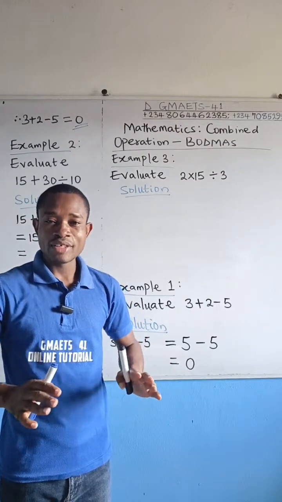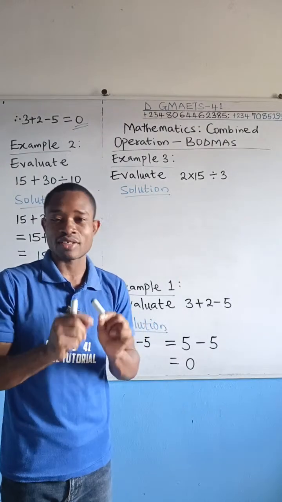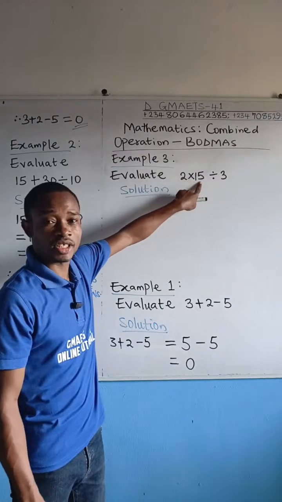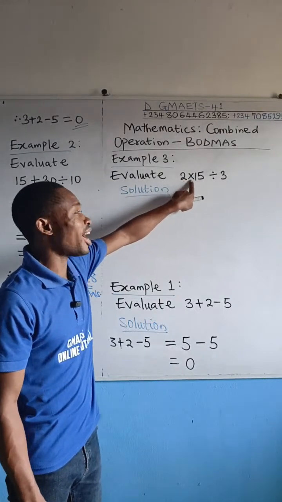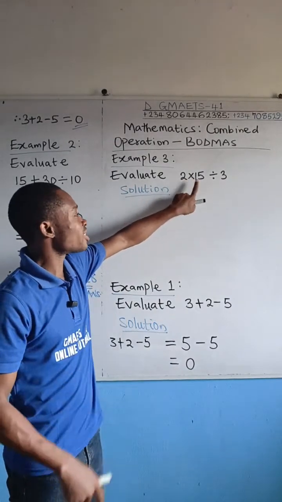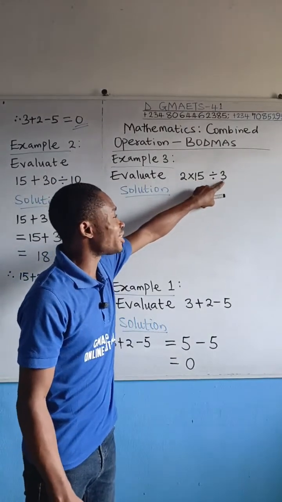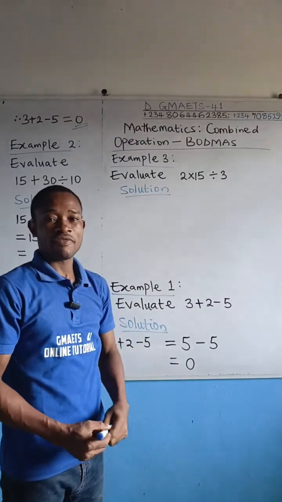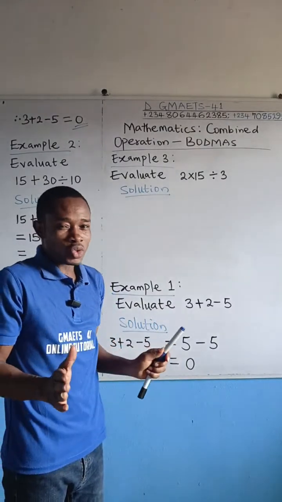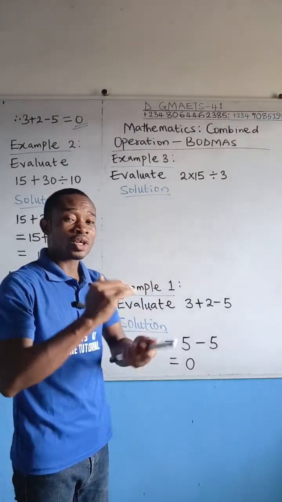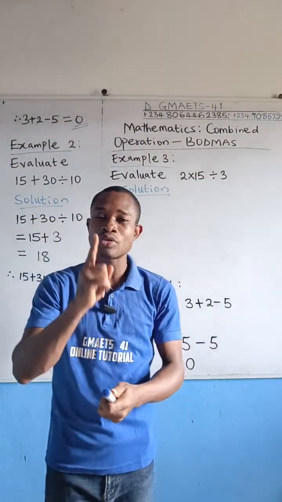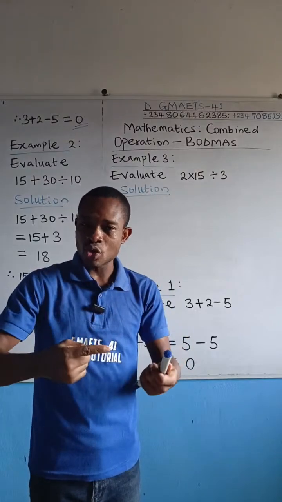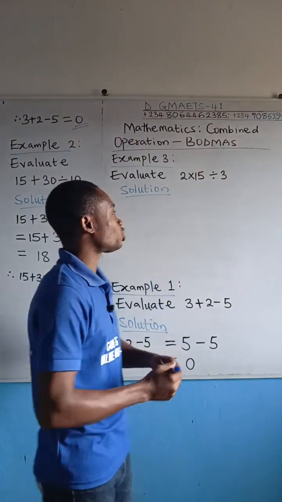So normally you have to do division first, which means you won't touch these 2 times; you keep it like that. Solve 15 divided by 3 first. That is what you are meant to do. But I will solve this question according to the BODMAS rule. Then I will tell you something about multiplication and division, just like I told you for addition and subtraction.